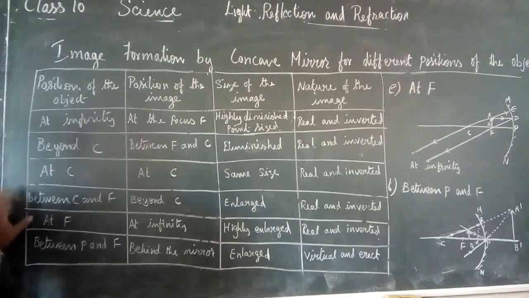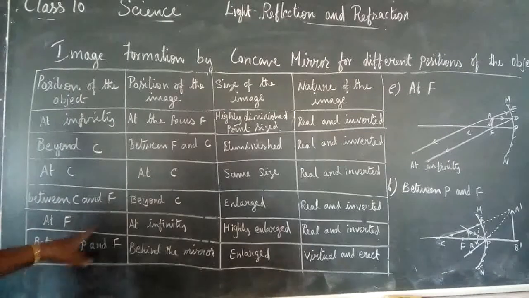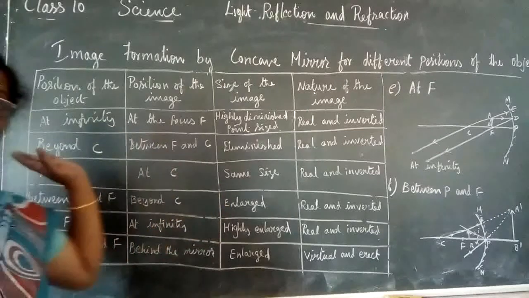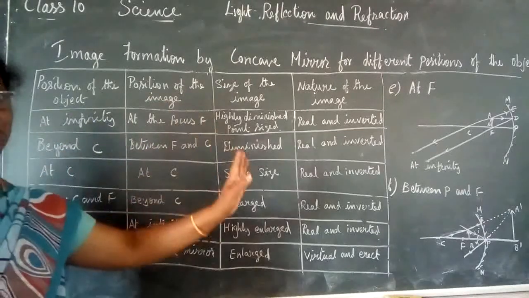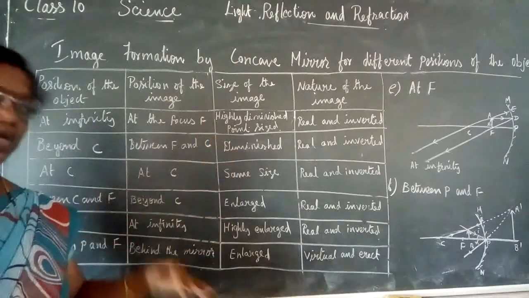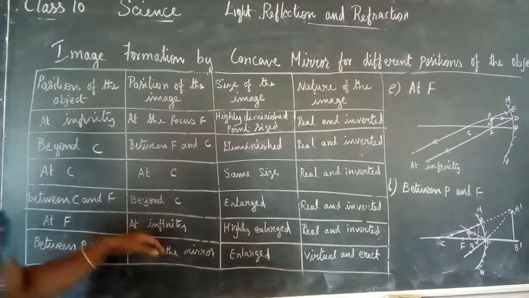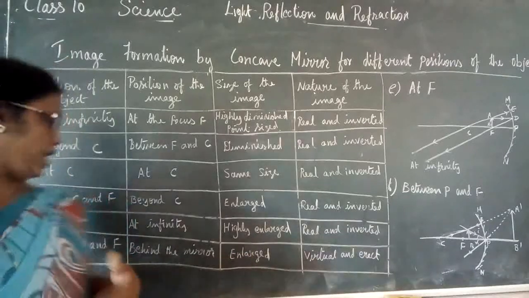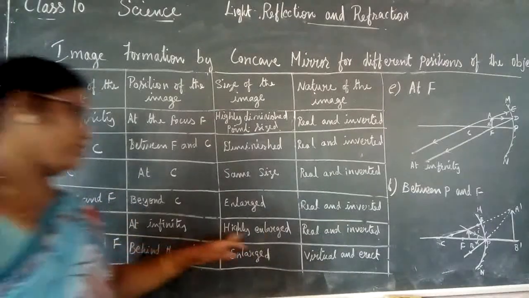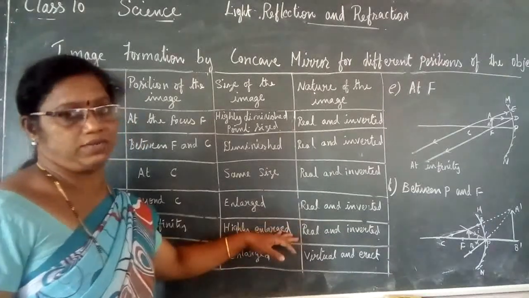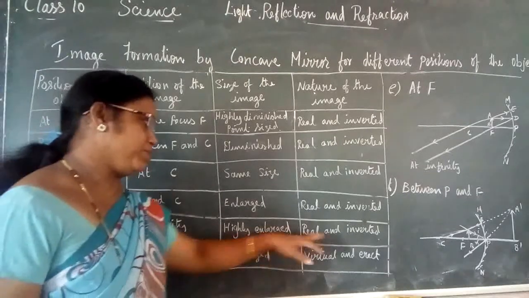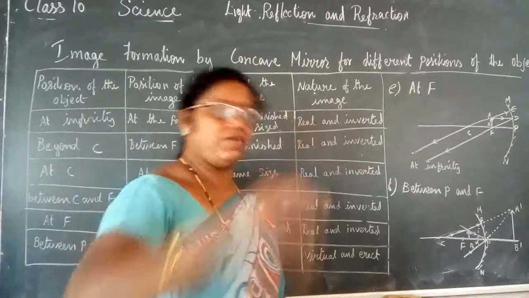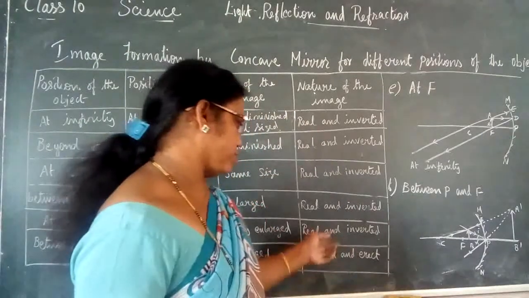So when the object is at infinity, when you are focusing at infinity, you will get a diminished image at F. It is just the reverse. When the object is placed at F, the image is formed at infinity, and it is going to be highly enlarged, very big in size, and it will be a real as well as an inverted image, upside down.